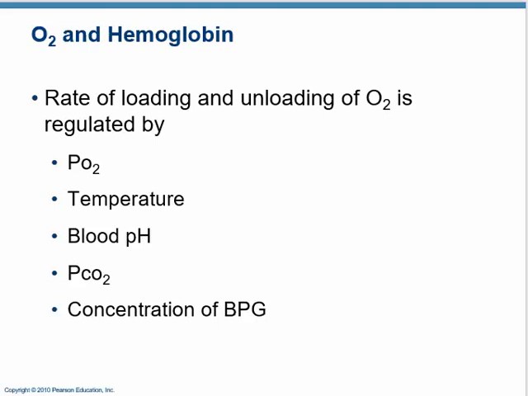So the lungs are cooler, have a higher partial pressure of oxygen, tend to be a little on the alkaline side, have less CO2, which is why it's a little on the alkaline side, and the BPG is different. So load oxygen happens at the lungs, unload oxygen happens at metabolically active tissues.